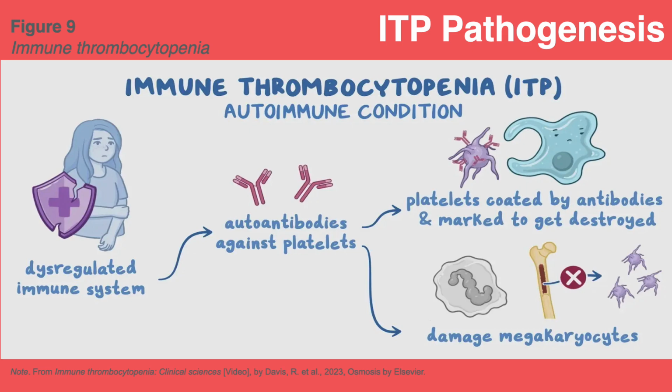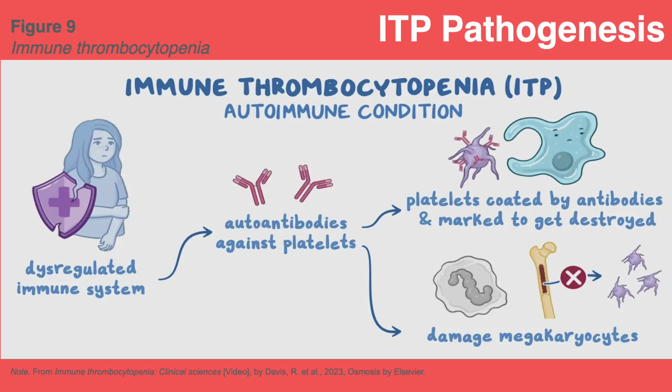For ITP's pathogenesis, like we said earlier, it's a dysregulation of the immune system, so it's an autoimmune disease. They believe that it's probably T-cell dysfunction, but they're still running studies on that.